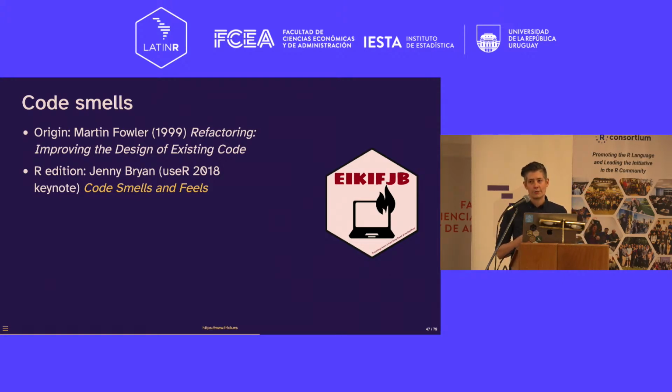And the first time I heard about this is what I think of as an important introduction to this concept to the R community by Jenny Bryan, in her 2018 useR keynote. It's called Code Smells and Feels. And I see it basically as the R edition of this. She talked through several of them, and if you want to know more about them, I highly recommend that talk.